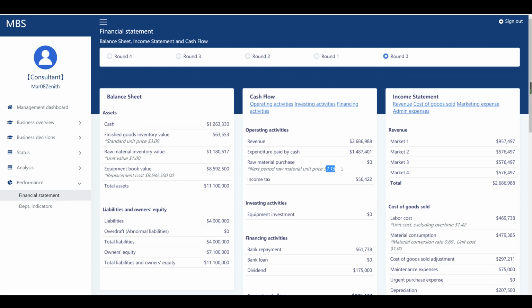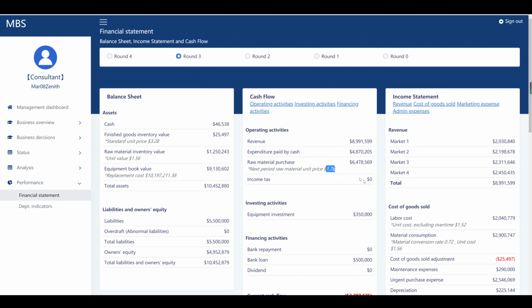As you see in round 1, we are looking at $1.15 for the material unit price, but when you get to round 3, it is $1.78. And the differences between the two material unit price will affect the unit cost of your goods.